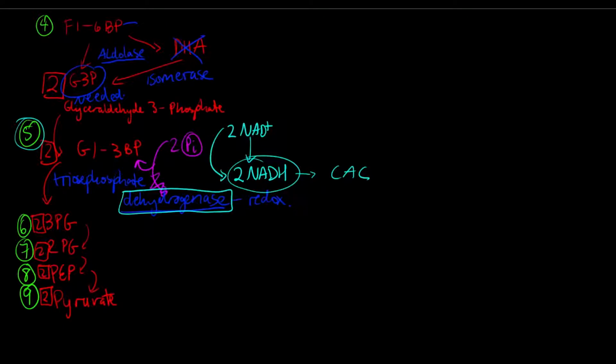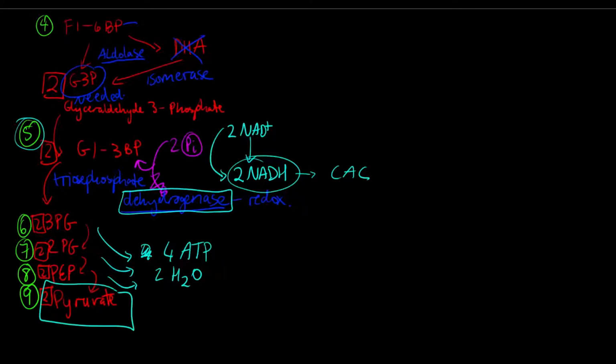But during these last few steps, several molecules are produced. NADH has been produced, but then during these steps, 4 ATP are made through substrate level phosphorylation. 2 H2O molecules are given off, and of course 2 pyruvate.